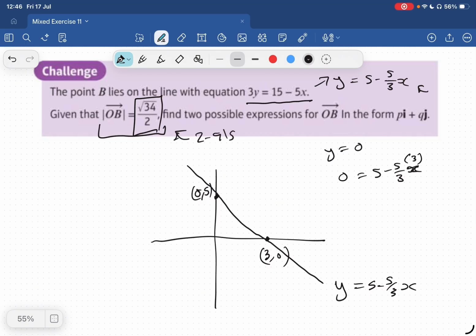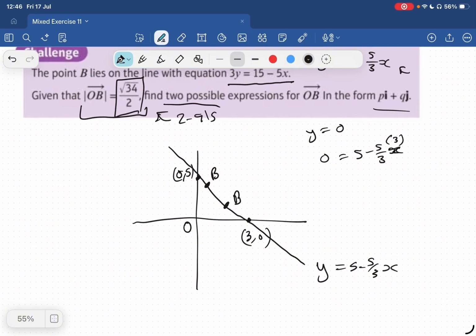This point B, or the two possible point Bs, has to be on the line inside this triangle, because anything outside is going to be bigger than 2.9 as a distance. So let's label this our origin. These are our two possible point Bs. We need two possible expressions for OB in the form of i's and j's.